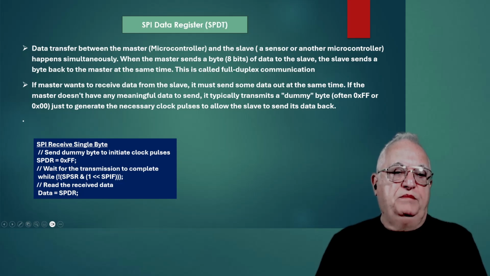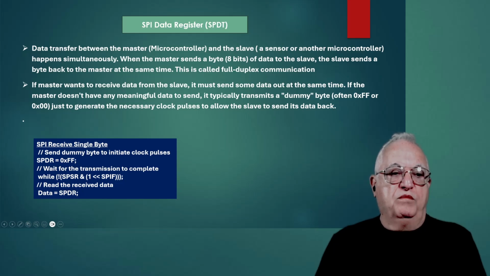So in the SPDR, which is the data register, you would put FF hex. Next, you would wait for the transmission to be completed. That would be by checking the SPIF bit, which is the communication complete flag.